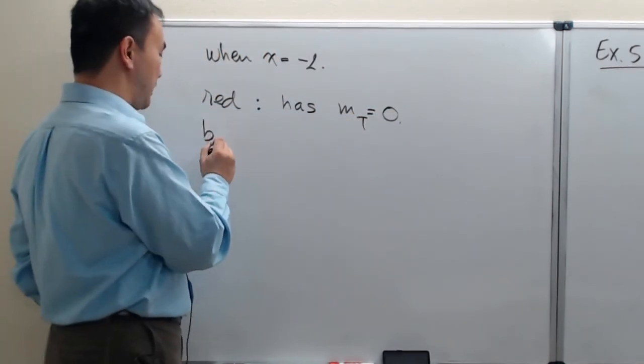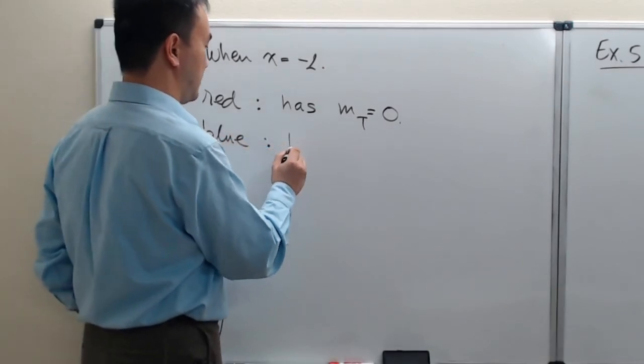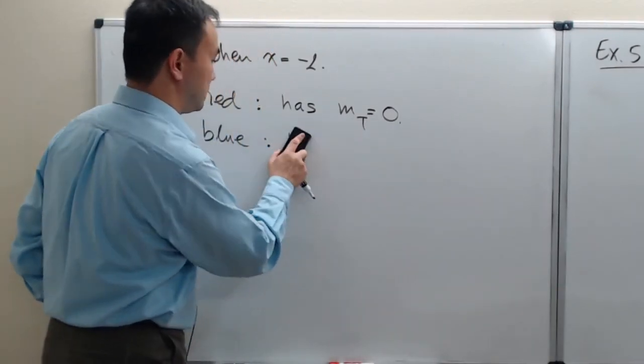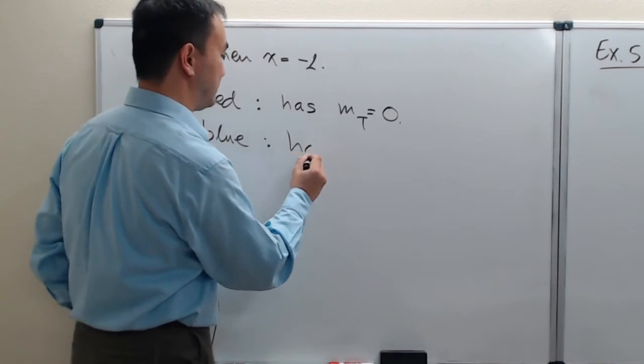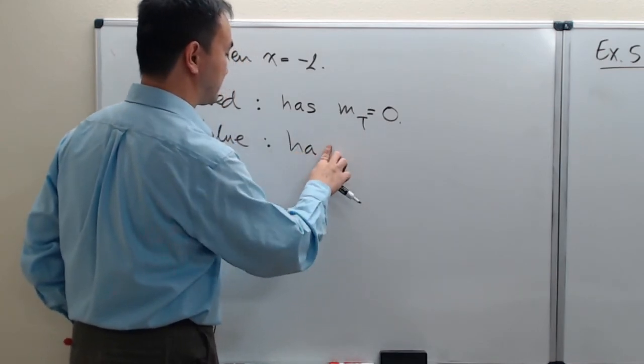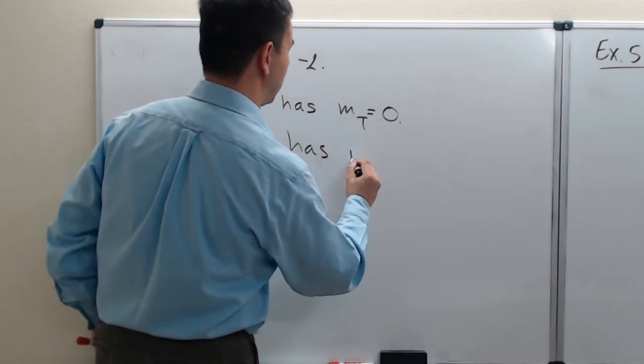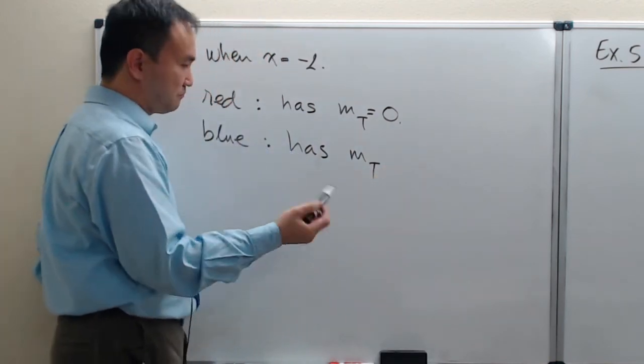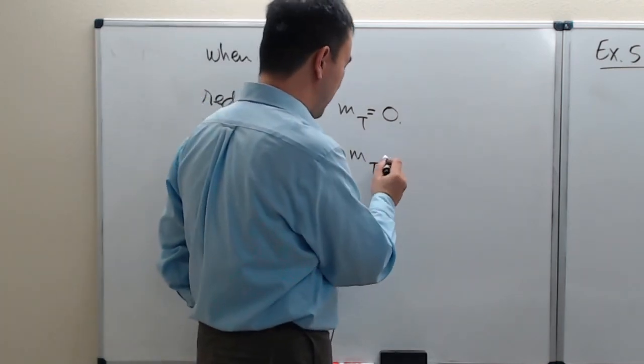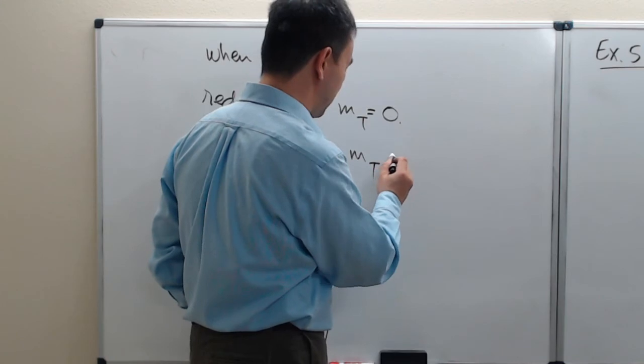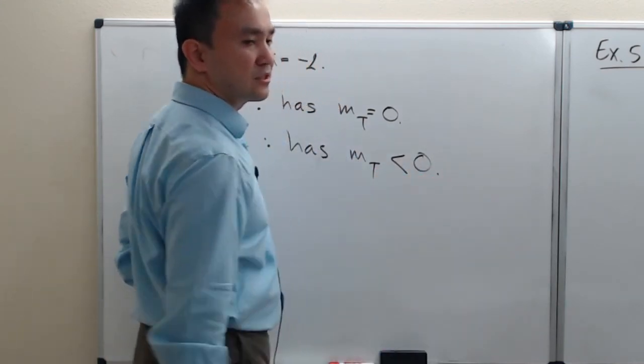For the blue one, the blue curve is going to have some mt value, but all I see is it looks like some negative slope for that.